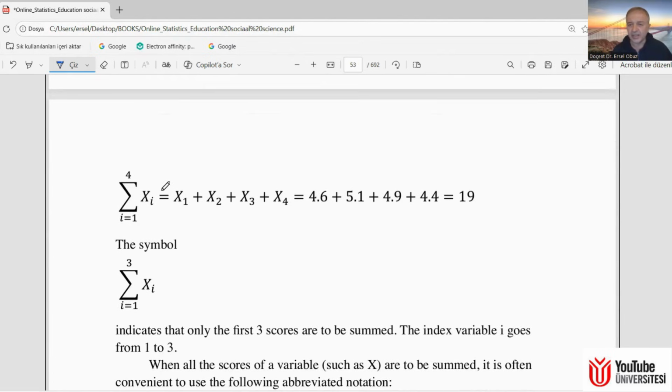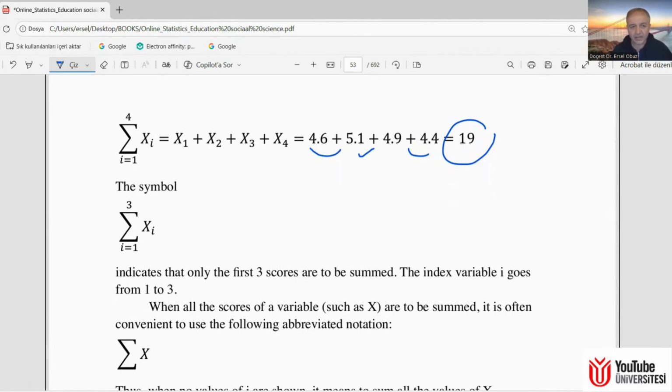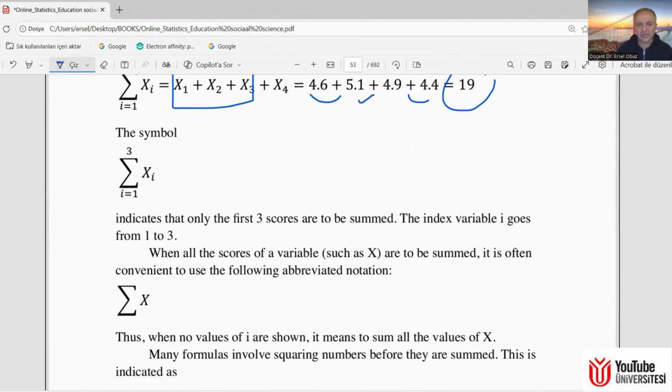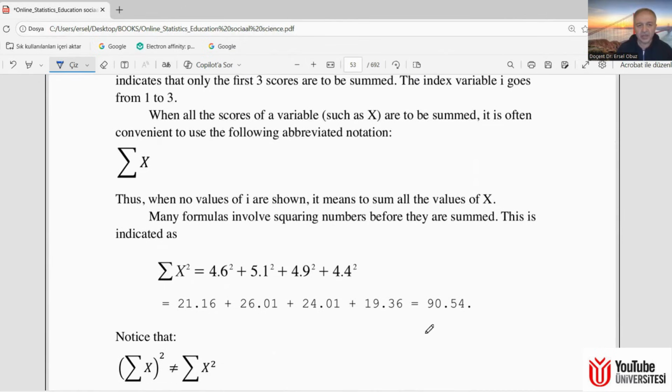As you see, they add them up and got 19. If it says from i equals 1 to 3, it means we add up the first 3 values. I think the concept is clear. How about the total of x squares?